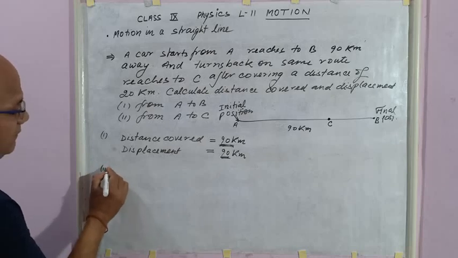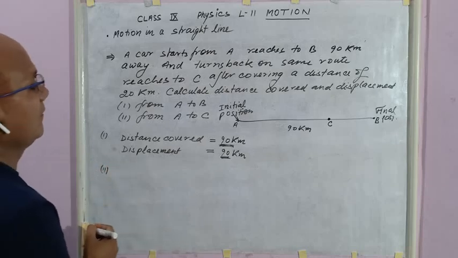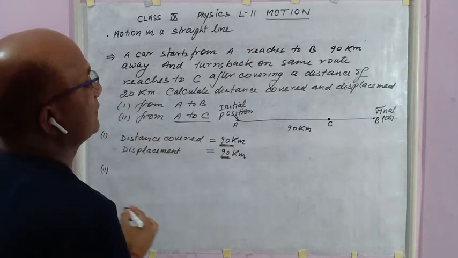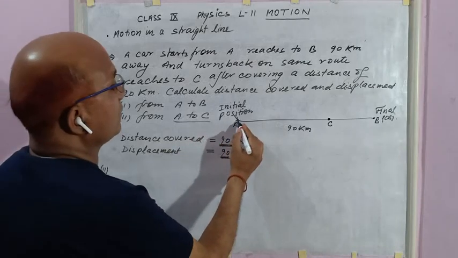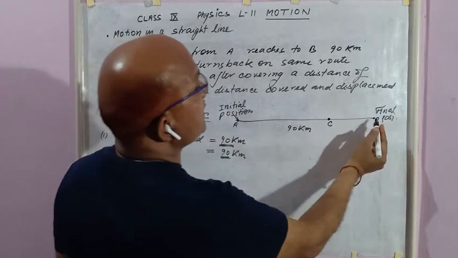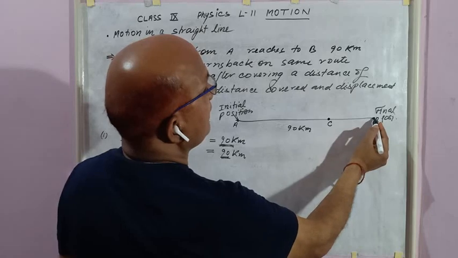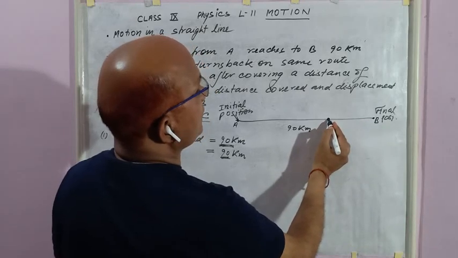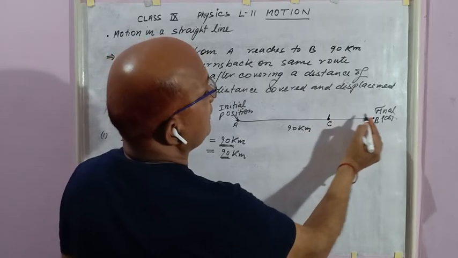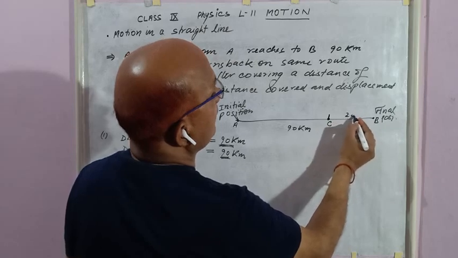So in second part now, we will see from A to C. So first the car goes from A to B and then turns back and reaches C. This is 20 kilometer.